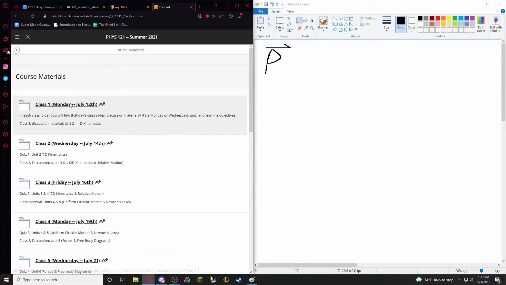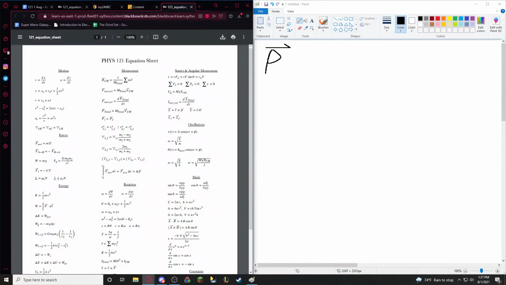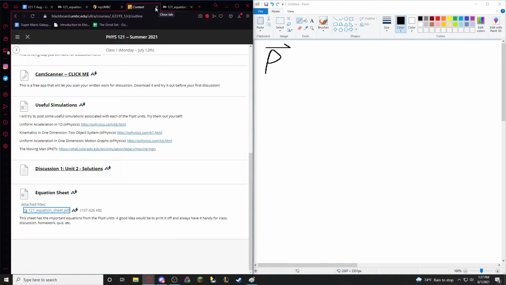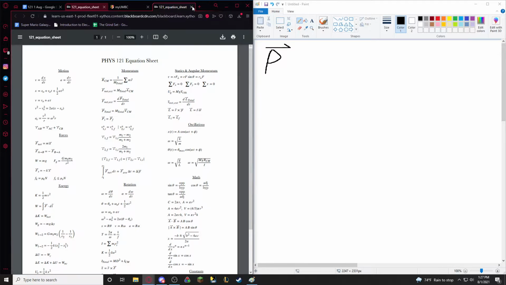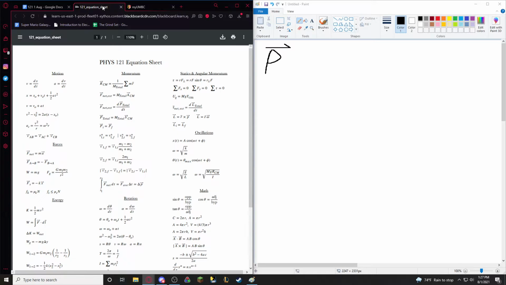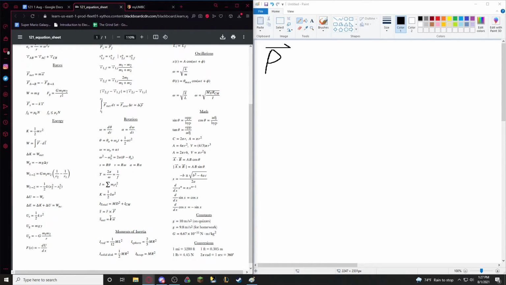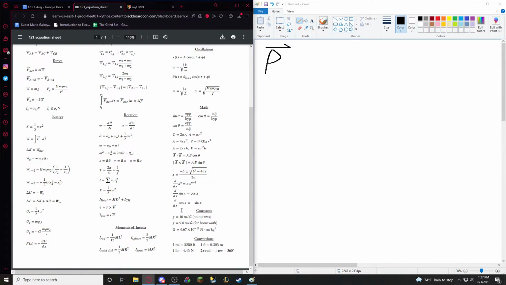It's inside the class one folder. I was looking for an equation, and I was like, there's no way we wouldn't have an equation sheet for this. For some reason it's just sitting in the class one folder. It probably should just be in the course materials generally, but you can find the whole equation sheet on there.